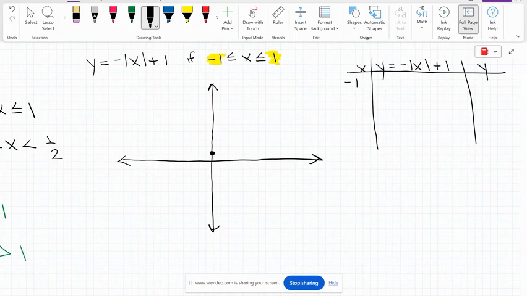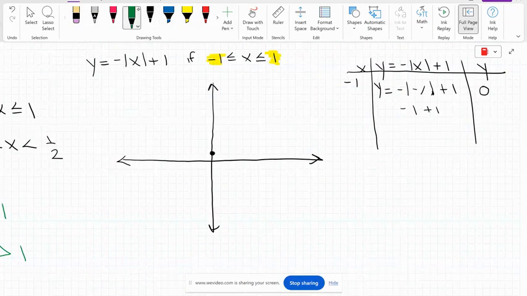So I'm going to see what happens at -1. So y will equal the negation of the absolute value of -1 plus 1. Well, absolute value of -1 is +1, but then you bring down that negative. So -1 plus a +1 is 0. So we're going to have, when x is -1, y is 0.